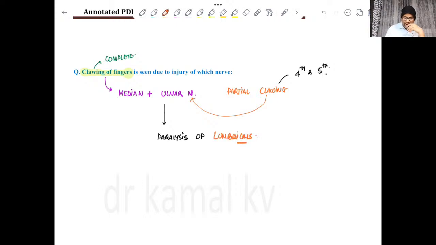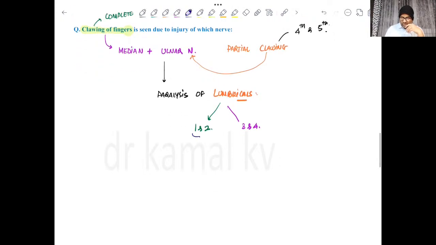The fact that lumbricals 1 and 2 have a different nerve supply from 3 and 4 creates this whole picture. 1 and 2 are supplied by median nerve and 3 and 4 are supplied by ulnar nerve. Clear? And the counting is done from lateral to medial. So this is lateral and this is medial, and this medial side goes to the 4th and 5th finger.